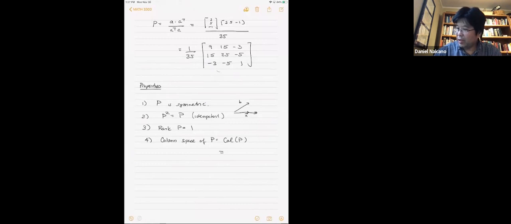This is the projection given by the vector A. If I project any vector, it's going to be a combination of A, just a scalar times A. So it's in the span of A. It's equal to the span of the vector A. Does that make sense?